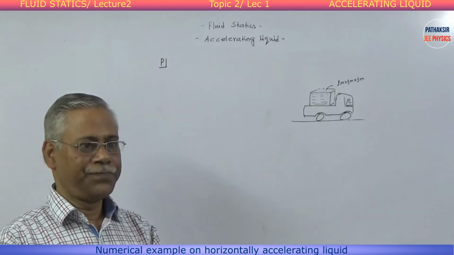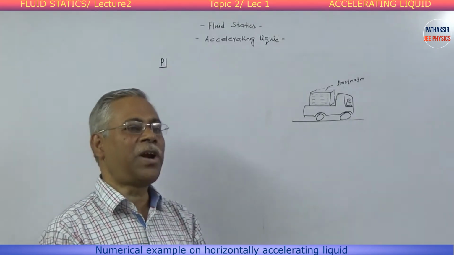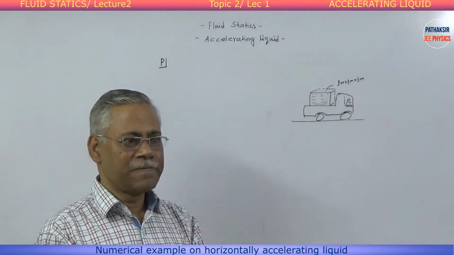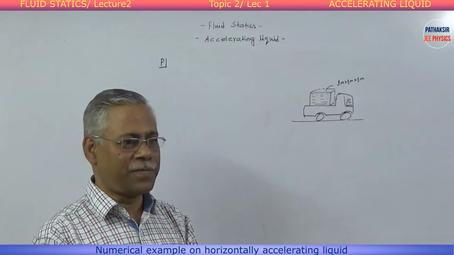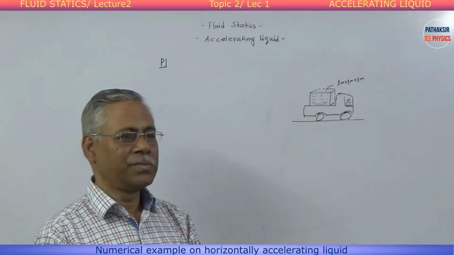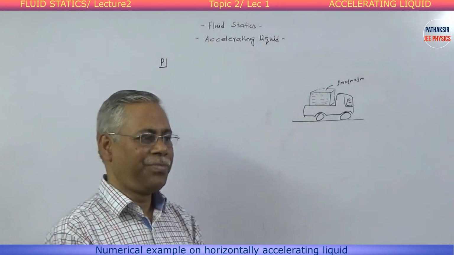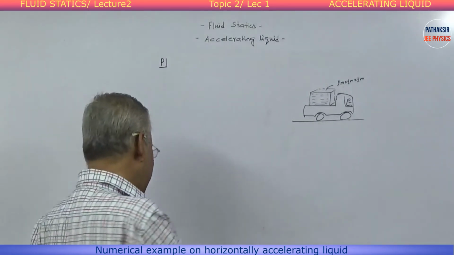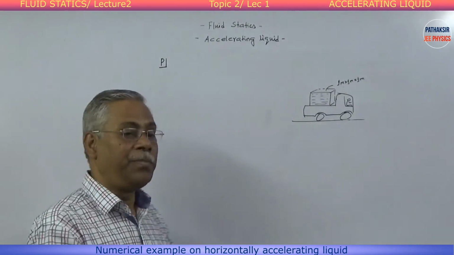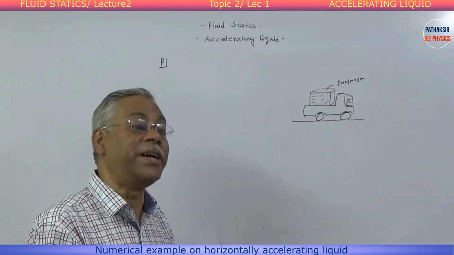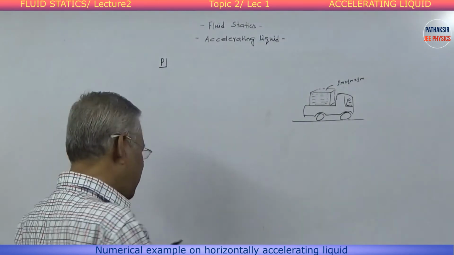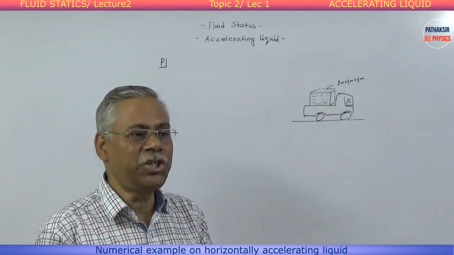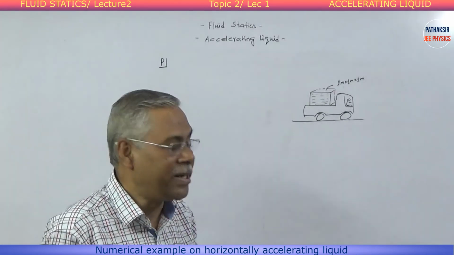Then the truck starts with an acceleration of 5 meter per second square, which is its maximum acceleration and also the maximum retardation.